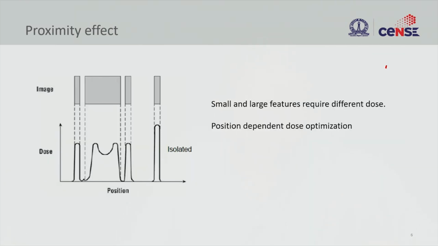This is what happens in a real scenario: an isolated feature and a dense feature. If you look at this isolated feature, it is very nicely defined. But if you look at a feature that has some structures flanking it on the side, you won't be able to get the right dimension that you want.